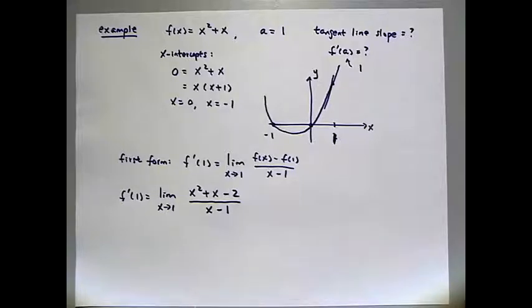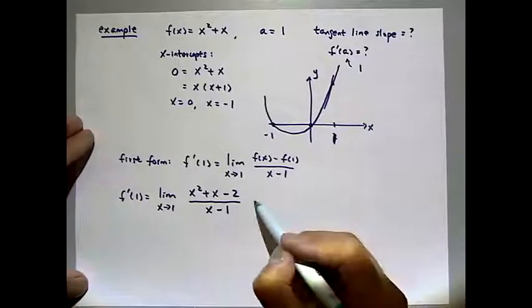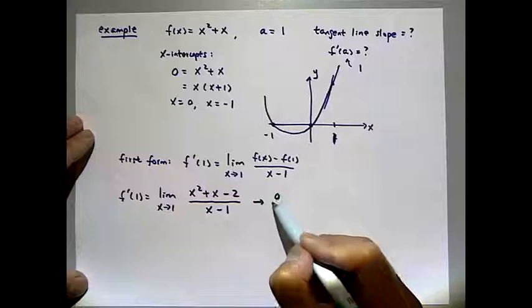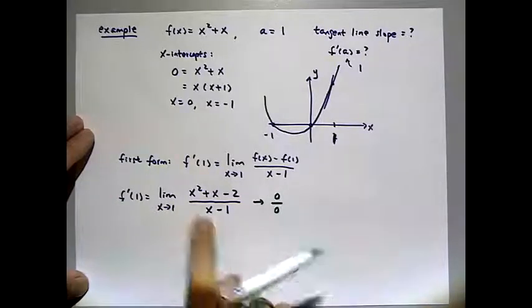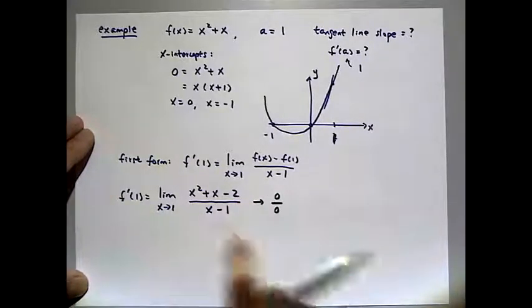So at this point, we're doing nothing different than the limit problems we have been doing in the last few days. That's just a very typical standard limit problem. Nothing more to it. But now we actually have an understanding of what this thing is telling us. So, usual things with limits. Notice that this goes to 0 over 0 when x gets close to 1, right? 1 plus 1 minus 2, 0 over 0.